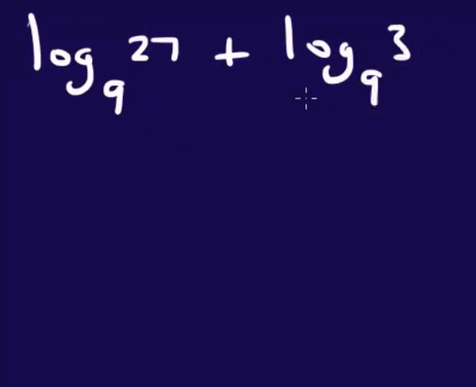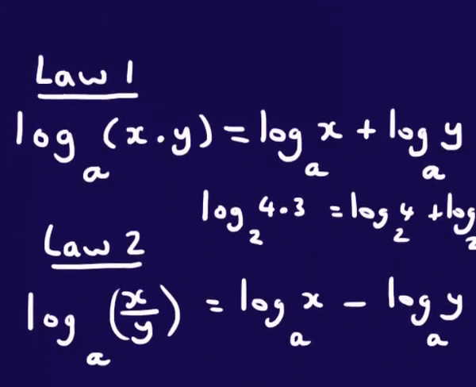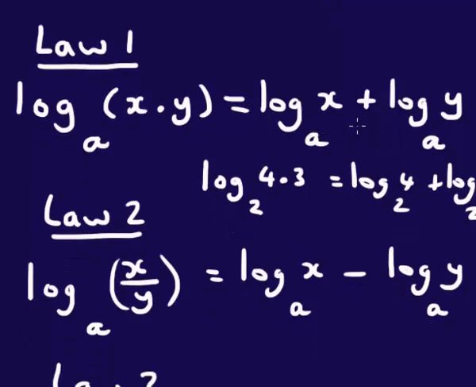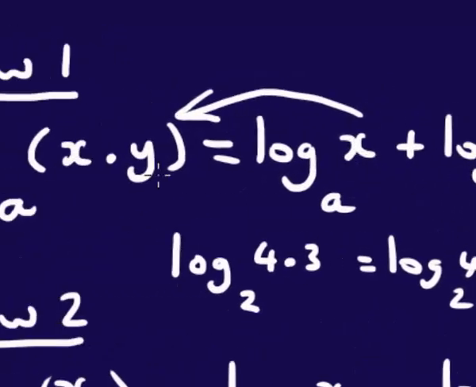Okay, the bases are the same, and what can we do? If you look at the first law of logs, what is it saying? It says you can reverse this as well. If you've got these two added, you can multiply.